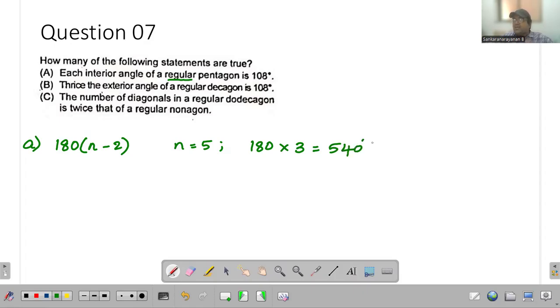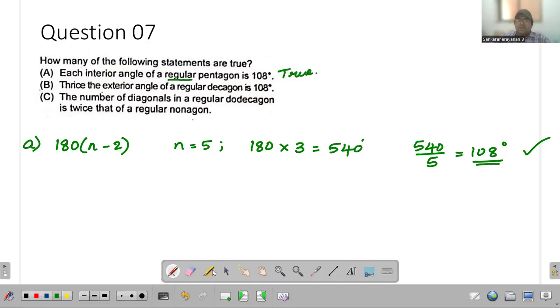Please note, this 540 is nothing but the sum of all the internal angles. So the measure of an internal angle will be 540 divided by 5, and that comes as 108. So the measure of an internal angle of a regular pentagon, 108 degrees, is true. So the first one has to be true.